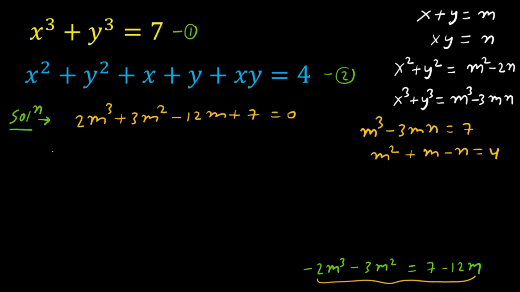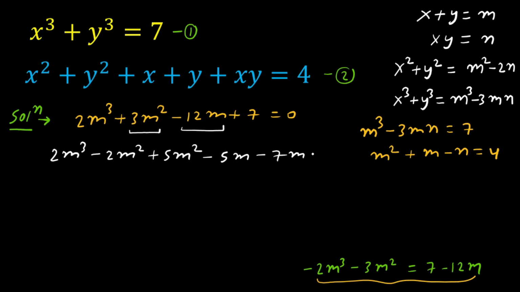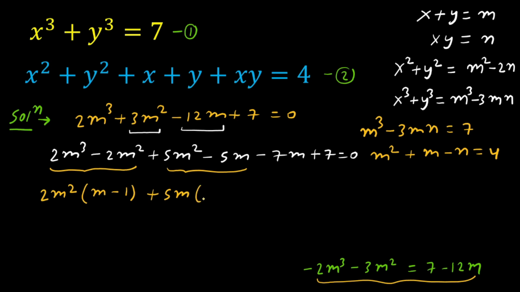Here 2m^3, 3m^2 is the same as -2m^2 + 5m^2, and -12m is the same as -5m - 7m, plus 7, equals 0. Taking 2m^2 common from the first two terms gives (m - 1), taking 5m common gives (m - 1), and taking -7 common gives (m - 1) = 0.